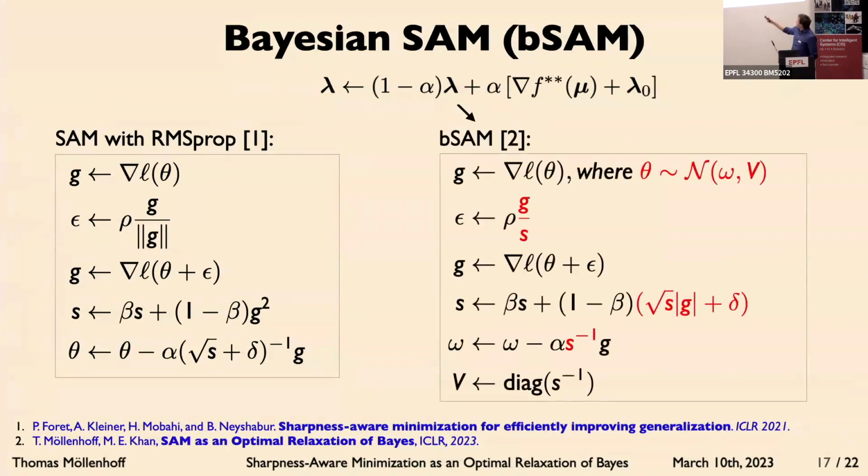And if we approximate our difference of convex algorithm or Bayesian learning rule, approximating the biconjugate computation with similar tricks as in this paper, we arrive at a modified version of SAM, which we call Bayesian SAM, BSAM, and the differences are highlighted in red.